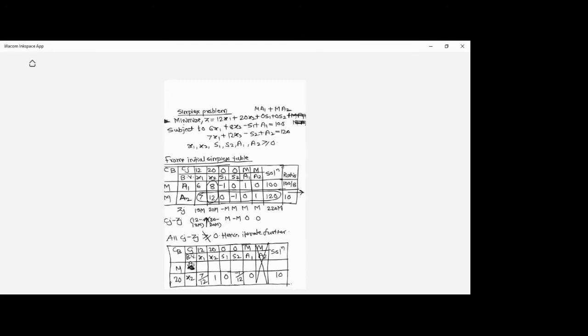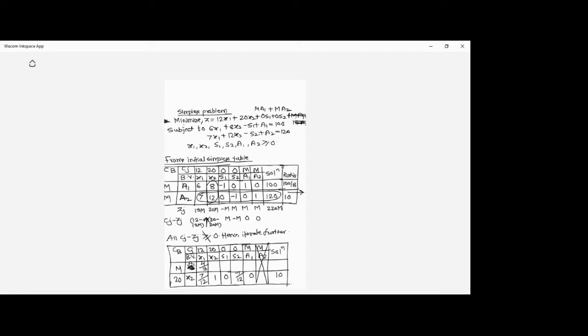Now in the next row, we are going to find out the new values. I've already told you the formula, and that formula will have to be applied. So here the formula can be written as 6 minus 8 into 7 divided by 12, right? 8 7s are 56, and 6 minus 56 by 12 will yield plus 4 by 3, right?